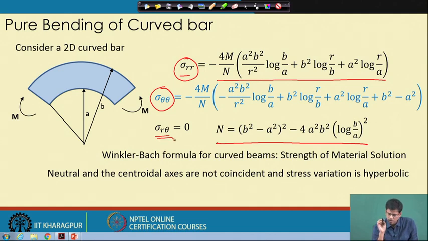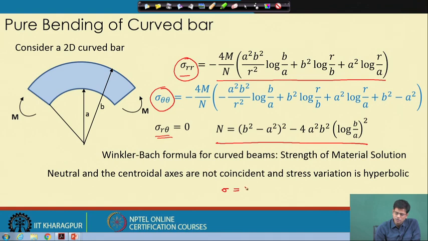If you remember the strength of materials solution of this problem, the Winkler-Bach formula gives us the stress variation. In general, this stress variation is hyperbolic.